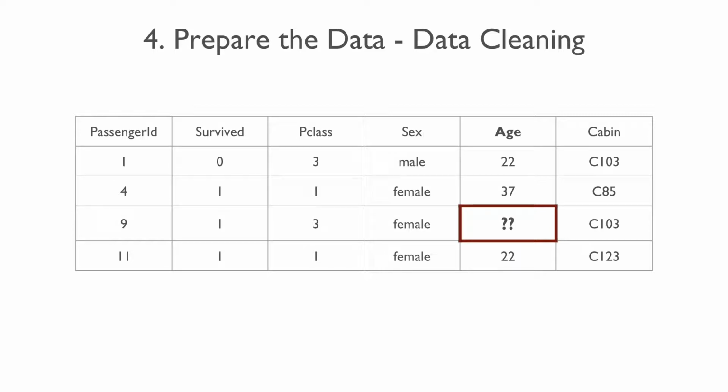We have multiple choices here. 1. Drop the age column. 2. Drop passenger 9. 3. Fill the age of passenger 9 with either 0, average of the age column, or median of the age column.